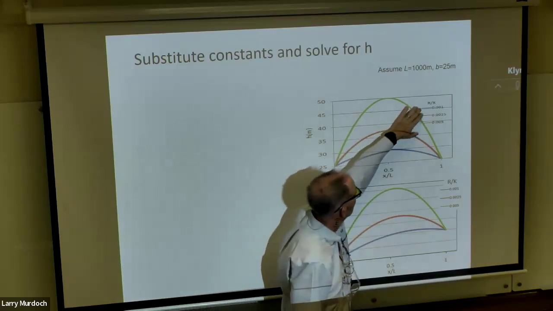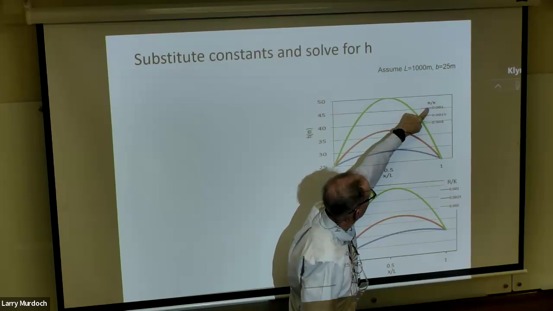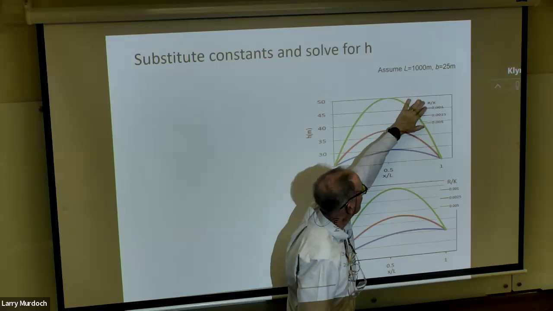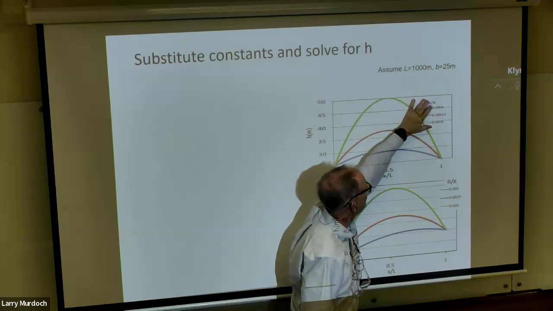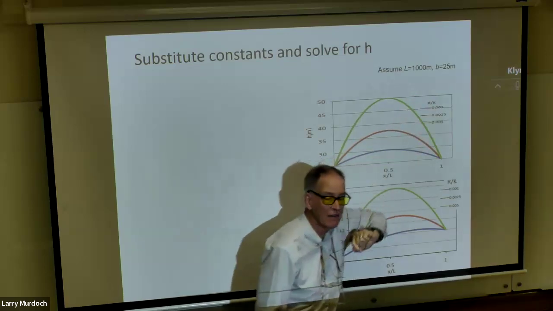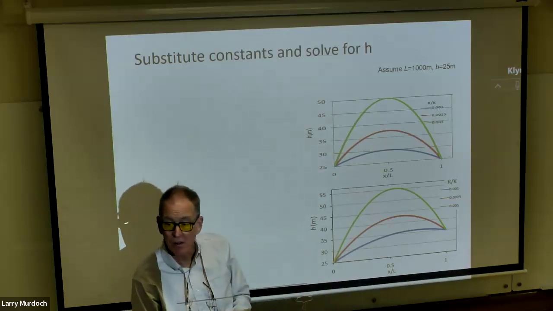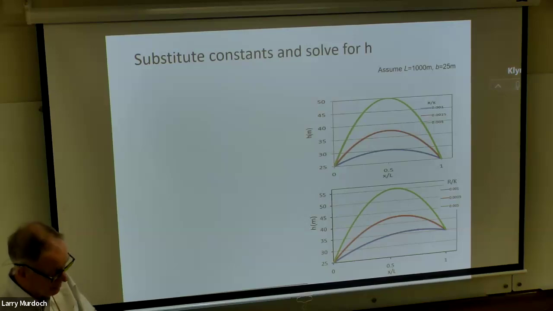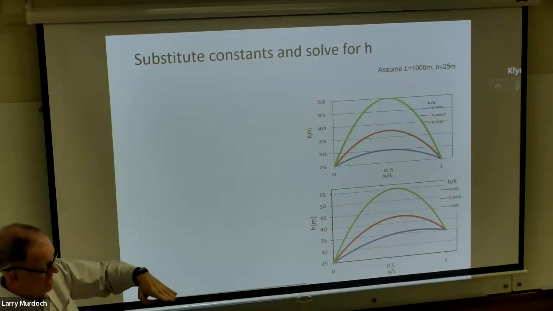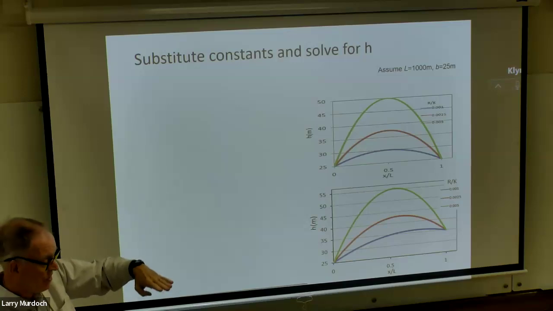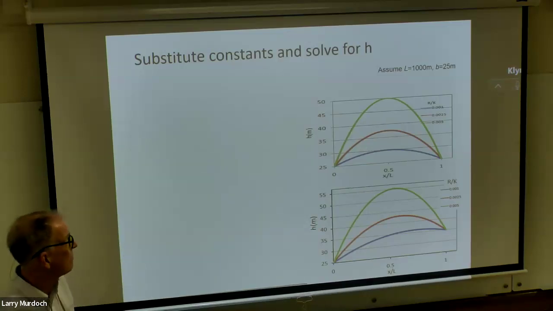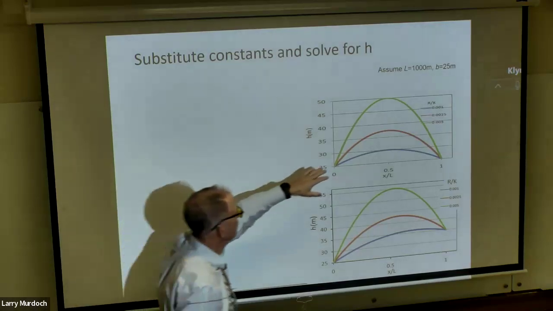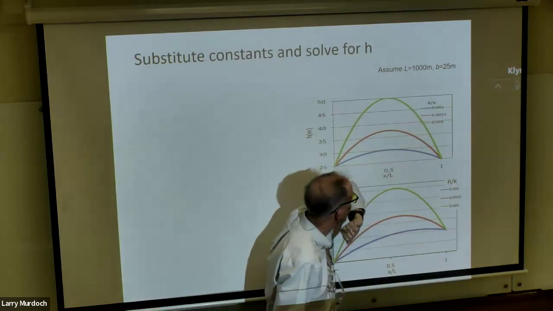And then R over K, these values 0.001 to 0.005. These are values that are typical for the ratio of recharge to conductivity around here. So around here, the recharge annually is about 6 inches to a foot or so. And the typical hydraulic conductivities, you work through it and you get a ratio of this.